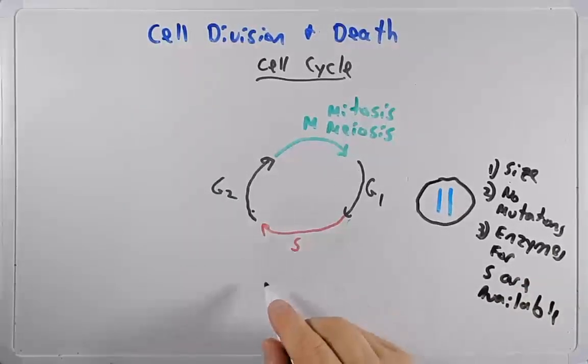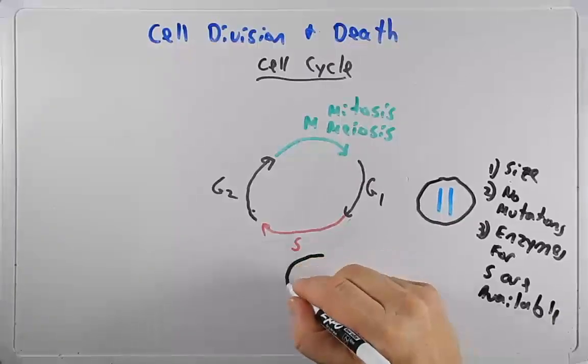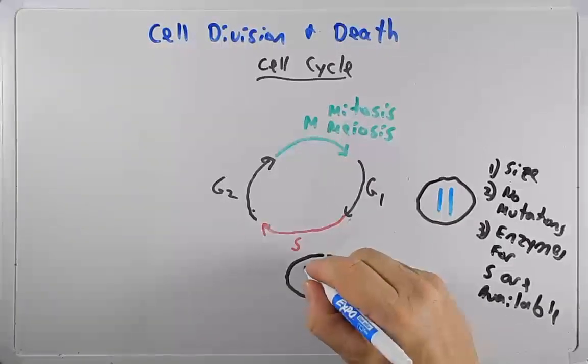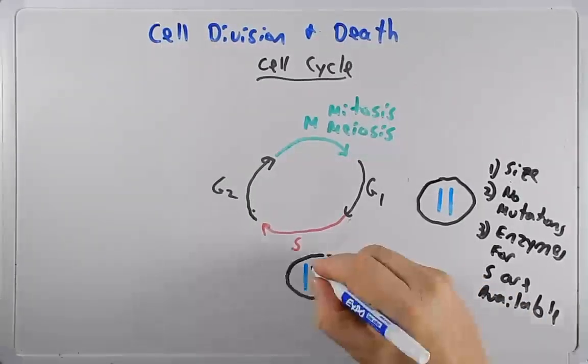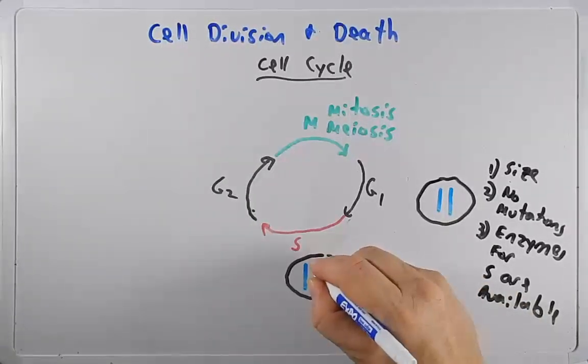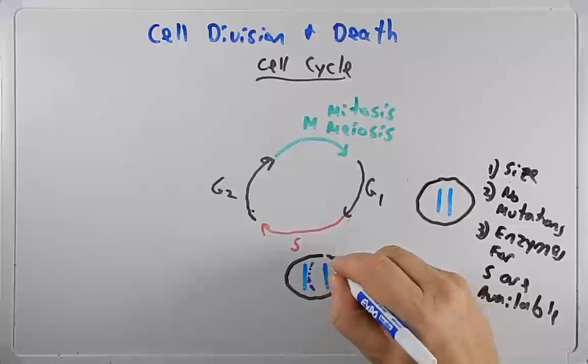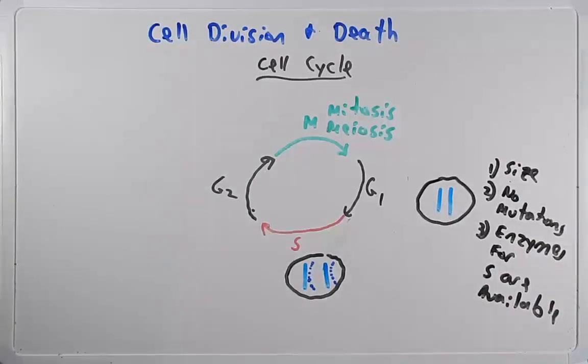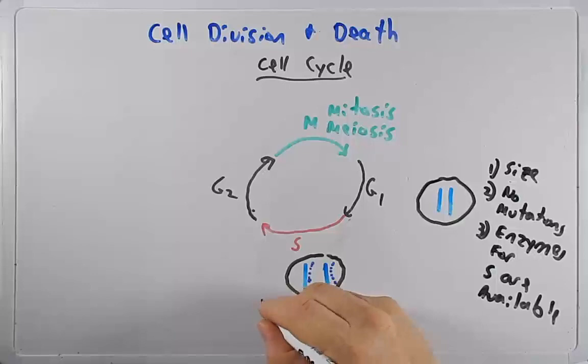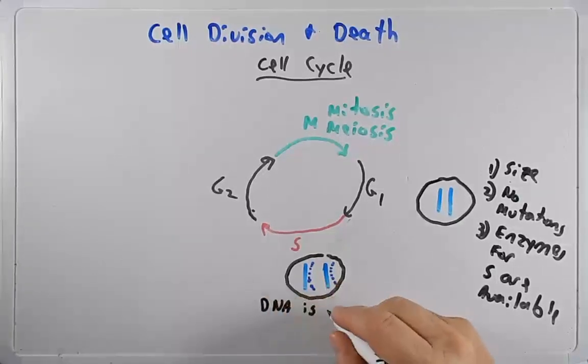The cell will then go through S phase, and while it's in S phase, the chromosomes will duplicate. And I'm going to show the copied chromosome, the new copied one, as a dashed line just to show it appearing different. So S phase, what happens here is DNA is copied.